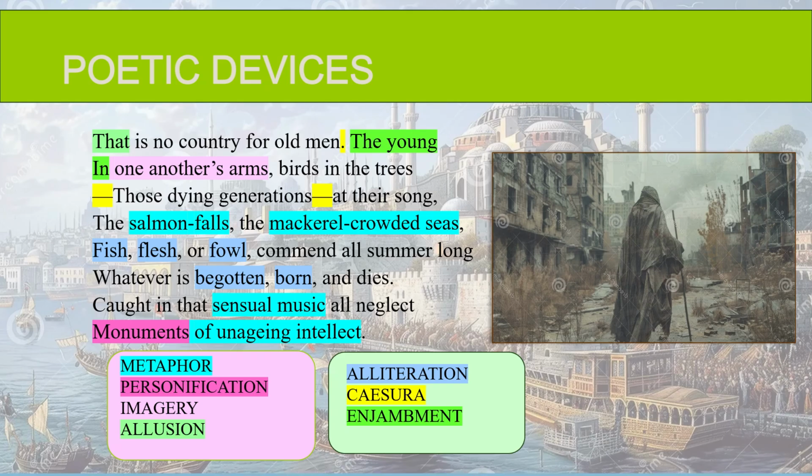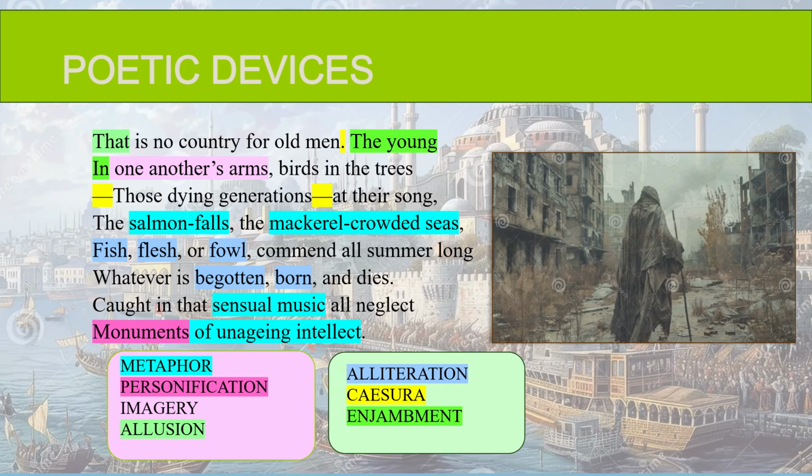There is alliteration here: fish, flesh, fowl, all starting with the consonant F. Then begotten, born, both of them starting with B. There is a caesura, a pause that gives a kind of reflection time. So here you have a full stop in the first line.